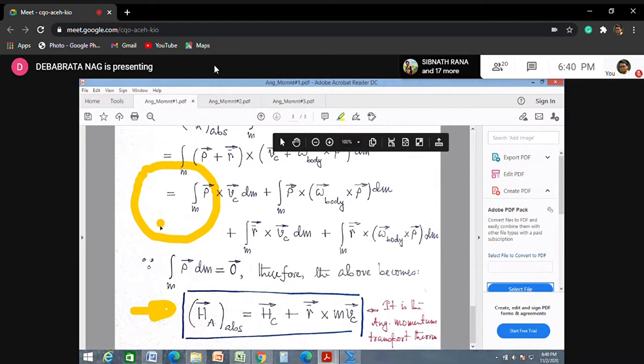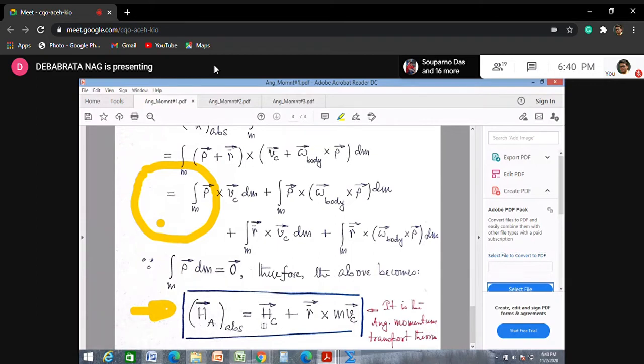In that case, you need not break your head whether this point falls under that category or not. You can safely apply this transport theorem, because this transport theorem is valid for any point. In this case, the point A does not require any kind of specification. It can be any point about which you can apply the momentum transport theorem.